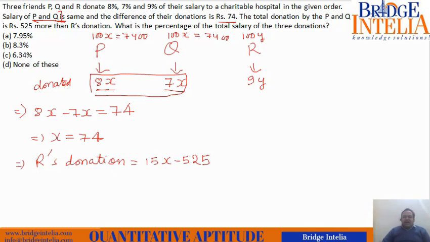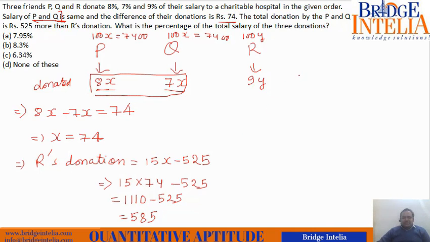So this is R's donation. Let's solve this. 15 into 74 is 1110, minus 525. So that is equal to 585. So R's donation is 585.